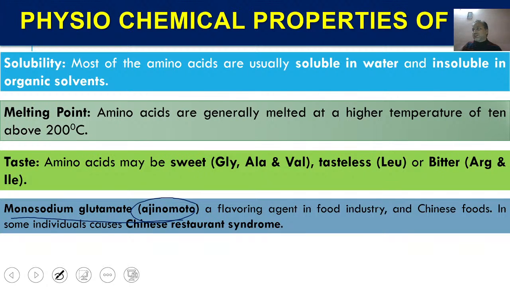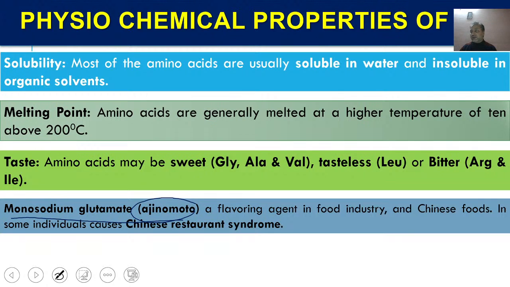It induces taste. It works on our taste buds on the tongue. This monosodium glutamate, or Ajinomoto, works on our taste buds and increases the taste sensation. Everyone likes Chinese food because of this monosodium glutamate.